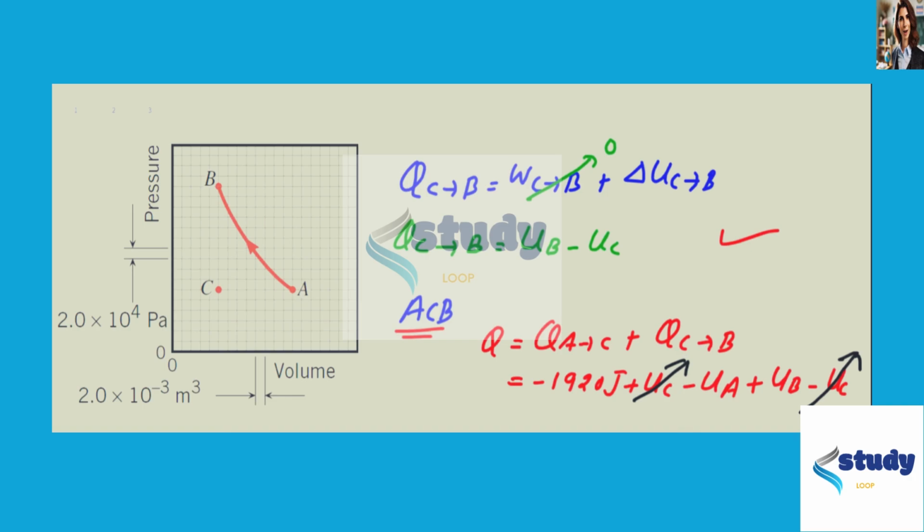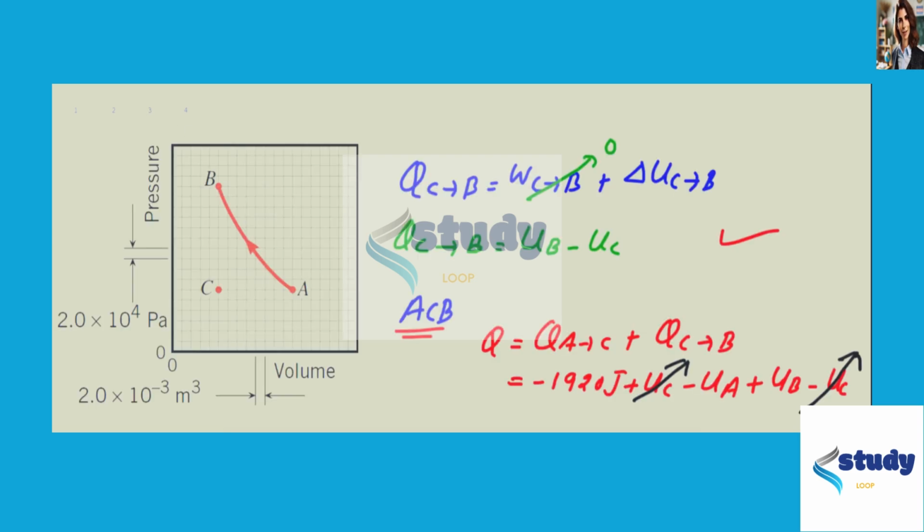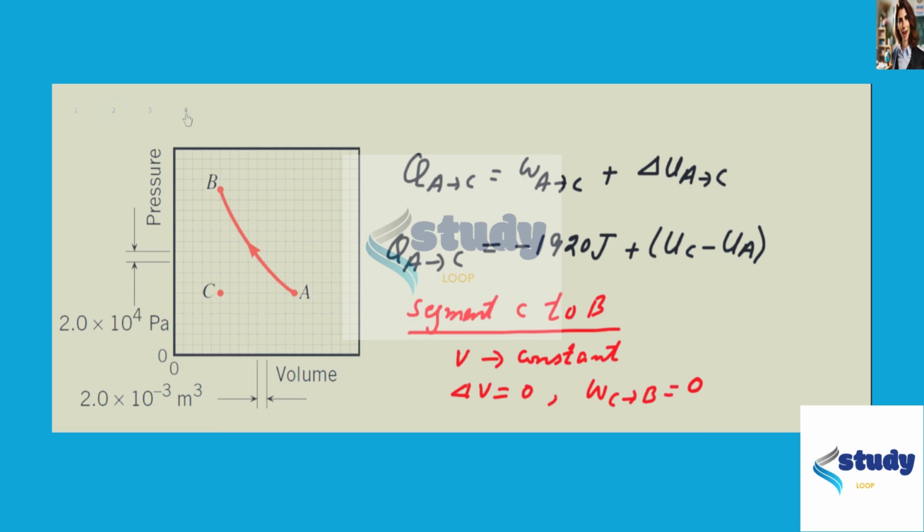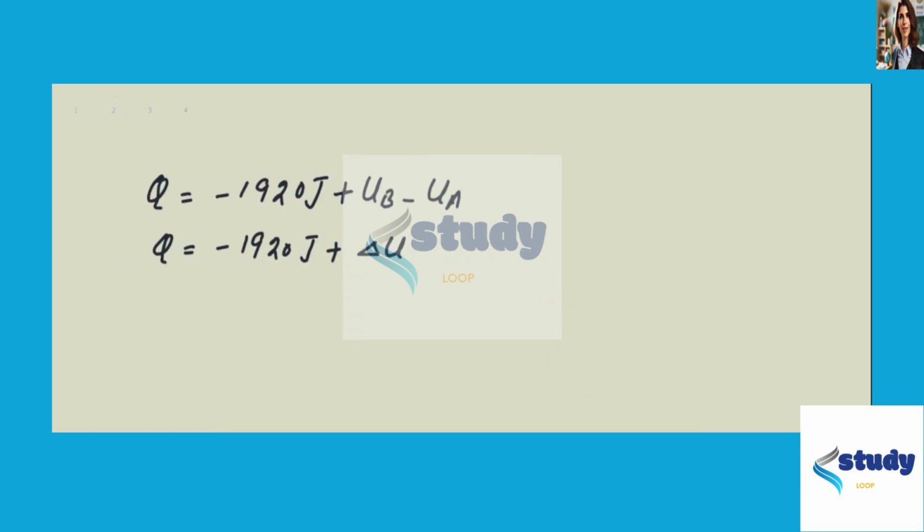So this gives us net heat equal to minus 1920 joule plus internal energy at point B minus internal energy at point A. So that is equal to Q equal to minus 1920 joule plus change in internal energy from A to B. Here UB minus UA is the change in internal energy in the segment A to B.